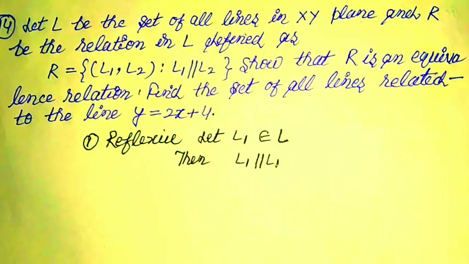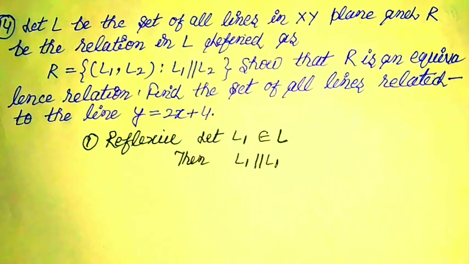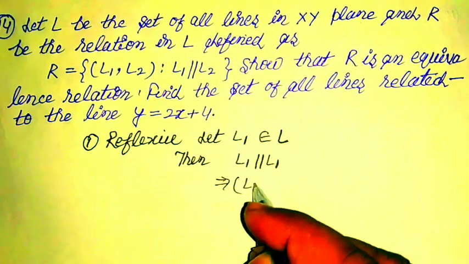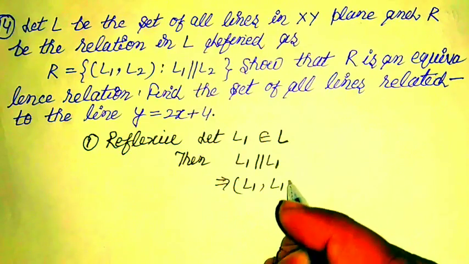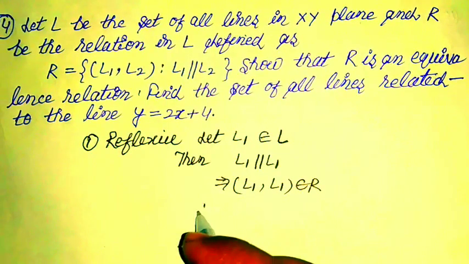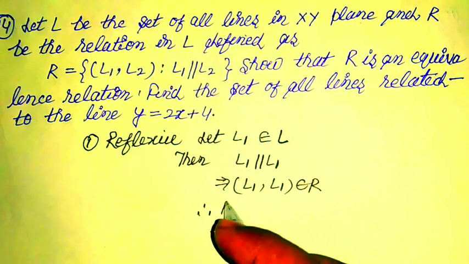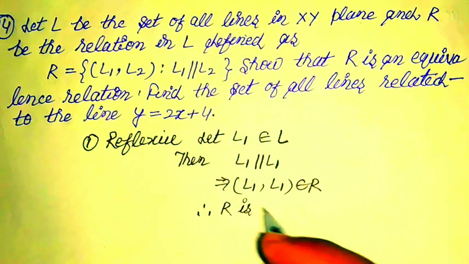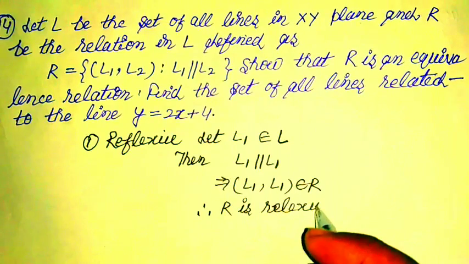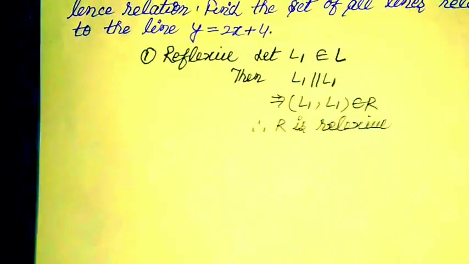It is true because any line is parallel to itself only, so we can write here L1, L1 belongs to R. Therefore R is reflexive, isn't it?